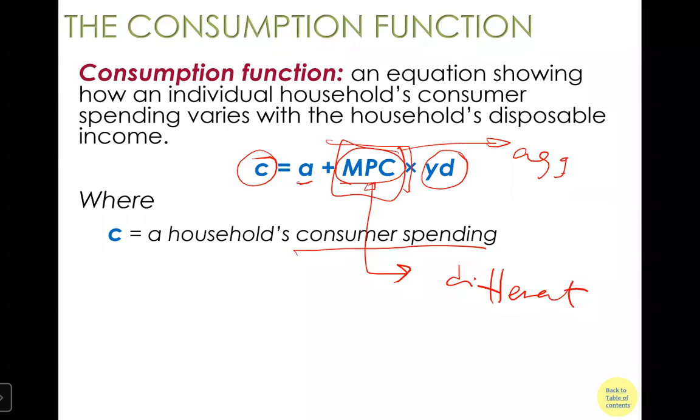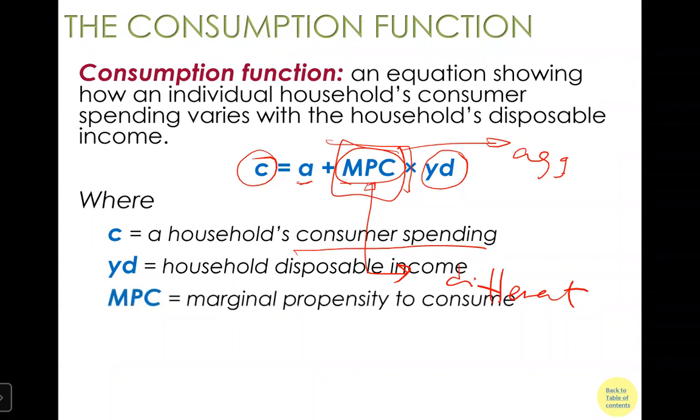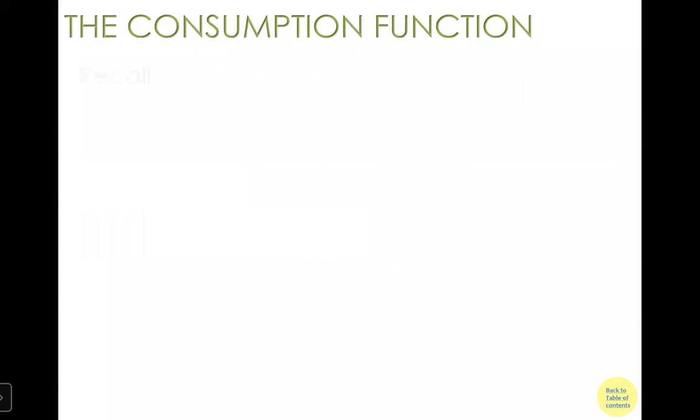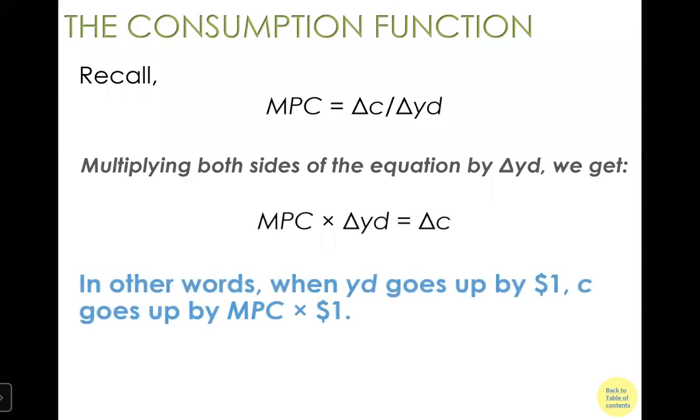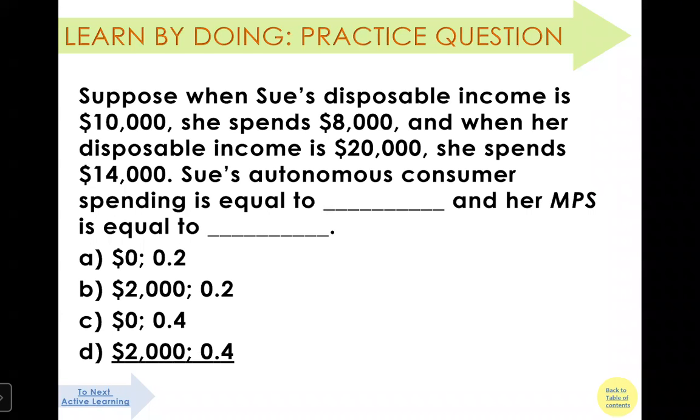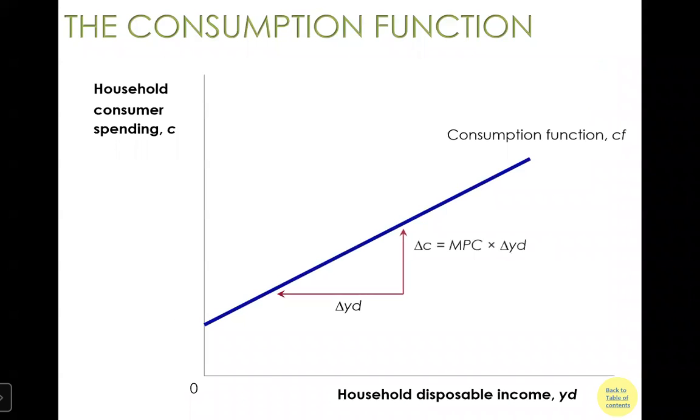All right, so that finishes this consumption function. And this consumption function can easily extend to the aggregate, right? That's what we already did. This is the interpretation of the consumption function: how consumer spending changes with disposable income. The slope of this consumption function gives us the MPC.